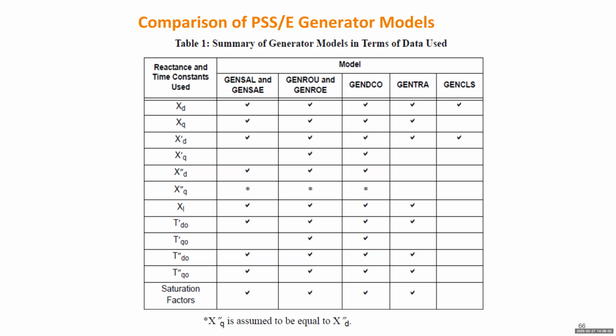Okay, so those are the round rotor generator. And this is a classical generator. So for classical generator, you only just need to provide steady-state reactance and XD single prime. You don't need any other parameter. Round rotor generator is actually the most detailed model. You need to provide all the information.